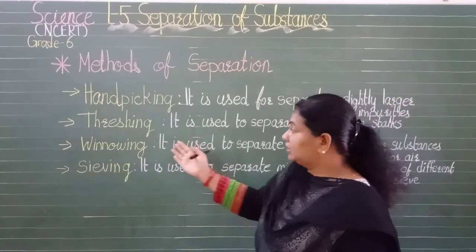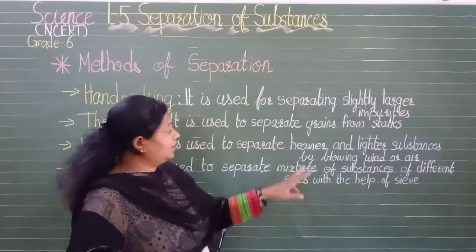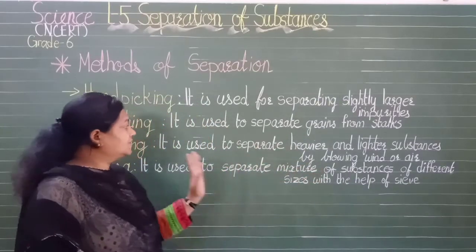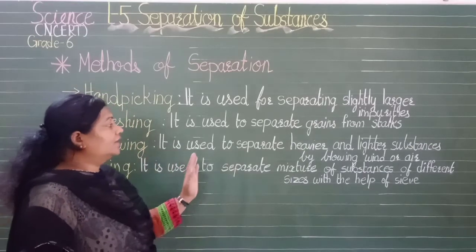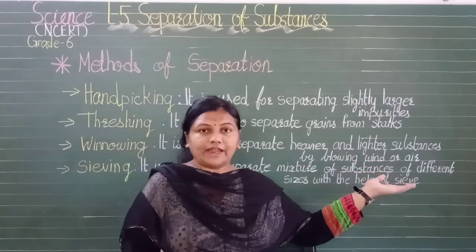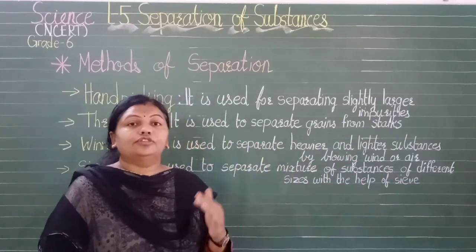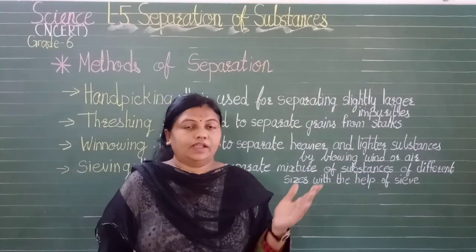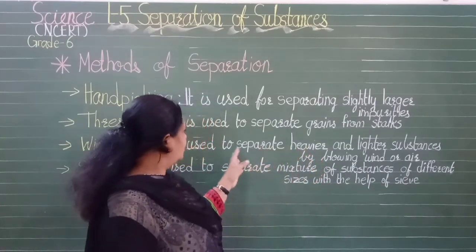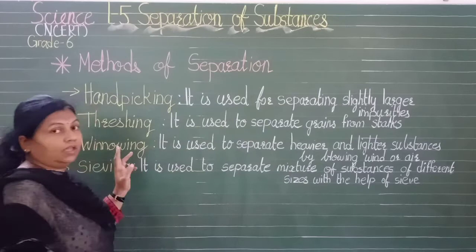Here we require wind or air. With the help of wind or air, substances are separated, which one is heavy and which one is lighter. Especially to remove the husk. Husk means fotra. When it is to be removed, then winnowing can be used.